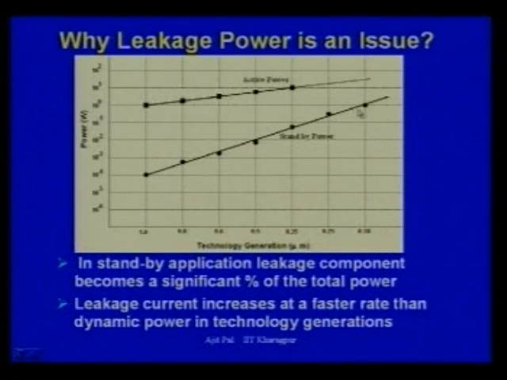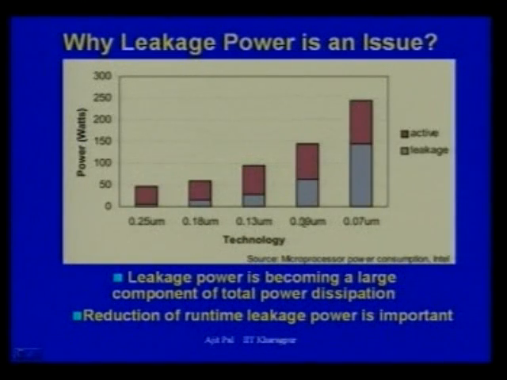at a much higher rate than the active power. There was no botheration about leakage power or static power dissipation when the device was bigger than 0.25 micron. That means when the technology was bigger, say 5 micron, 1 micron, the leakage current was very small, but it has increased.